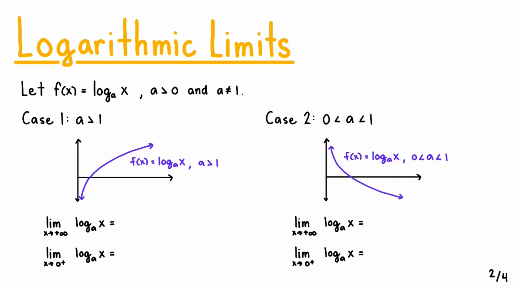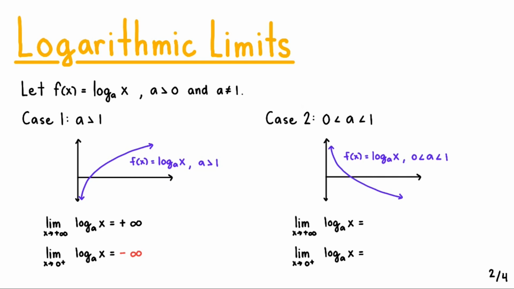Starting with the first limit, as x approaches positive infinity, it would be represented by this region. Clearly, since this one is increasing, this limit is equal to positive infinity. For the next one, as the value of x approaches 0 from the right, it will be represented by this part, and the value of the logarithm is clearly approaching negative infinity.